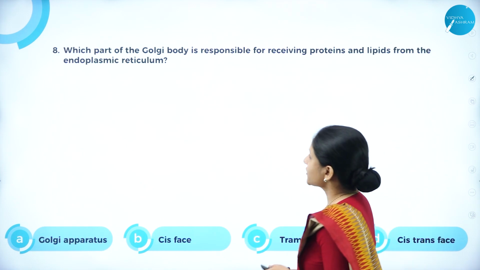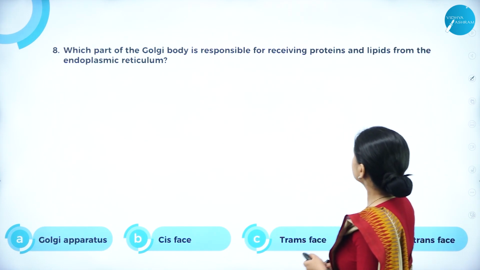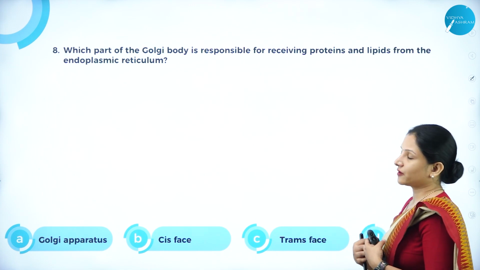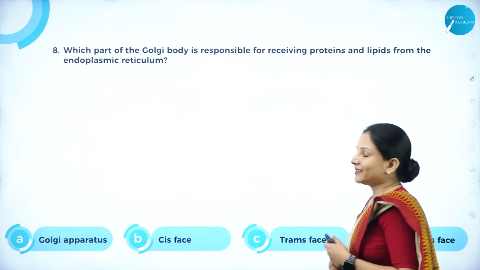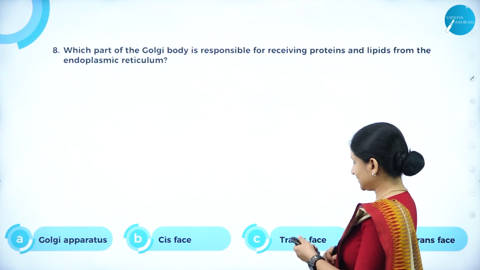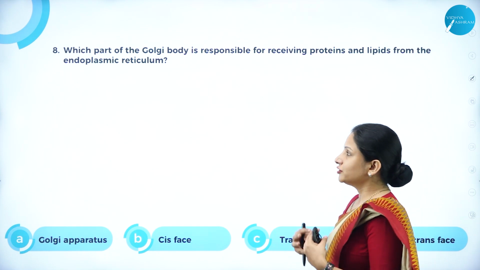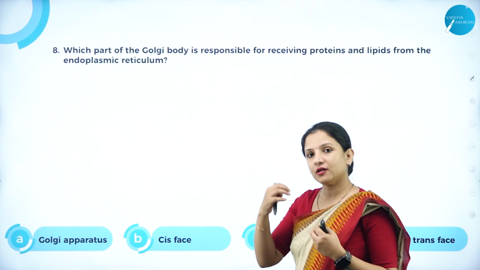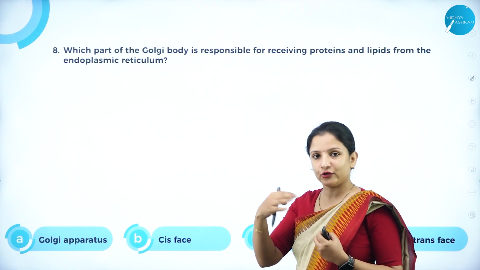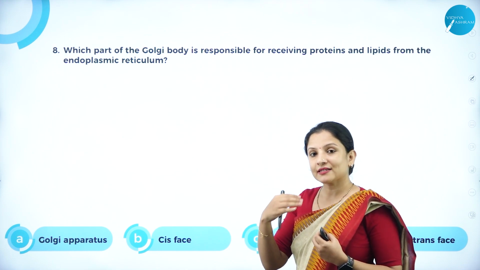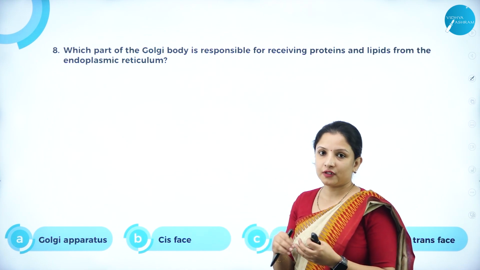Next question. Which part of the Golgi body is responsible for receiving proteins and lipids from the endoplasmic reticulum? Is it the cis phase? Is it the trans phase? Or is it the cis trans phase? Whatever protein is produced by the endoplasmic reticulum is received by the cis phase of the cisternae.